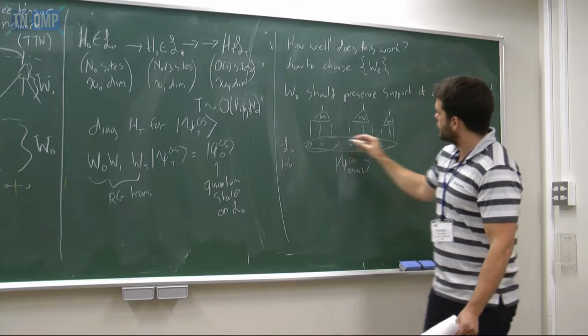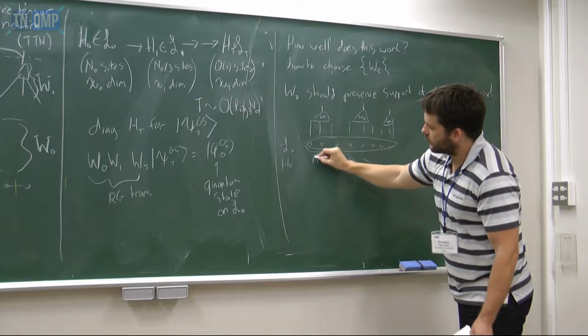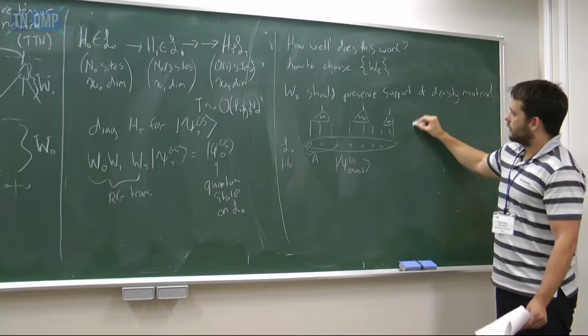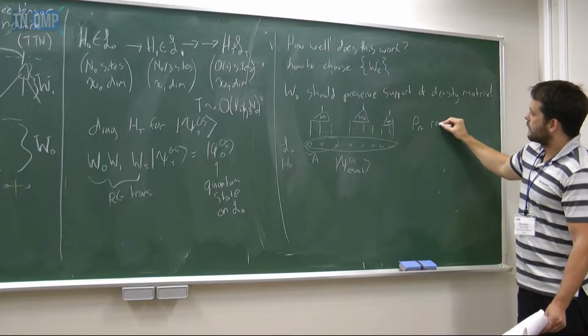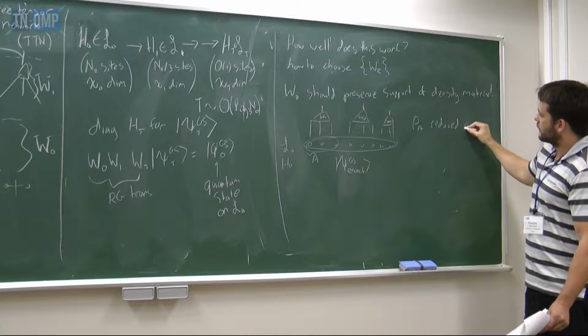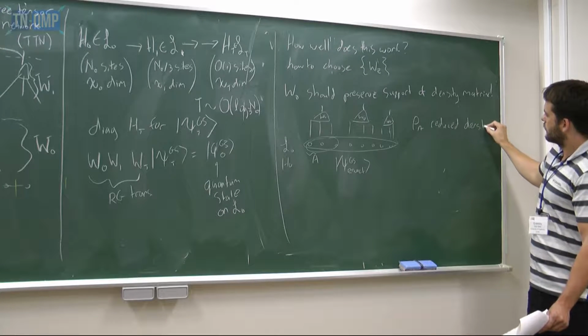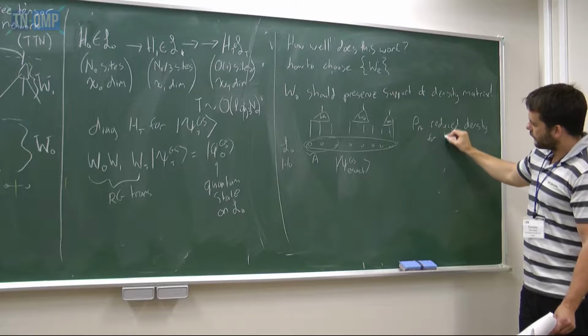Well, let us consider, just call this block A, let us consider rho A as the reduced density matrix for a block.